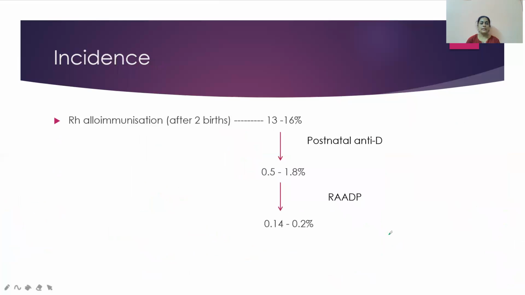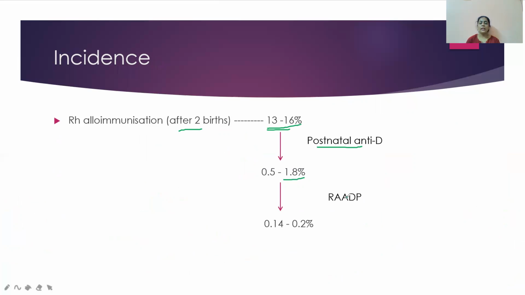So, coming to the incidence of Rh alloimmunization. After 2 births, if she has not taken any prophylaxis, the risk is around 13 to 16%. If we give only postnatal anti-D, the risk is reduced from 16% to less than 2%.